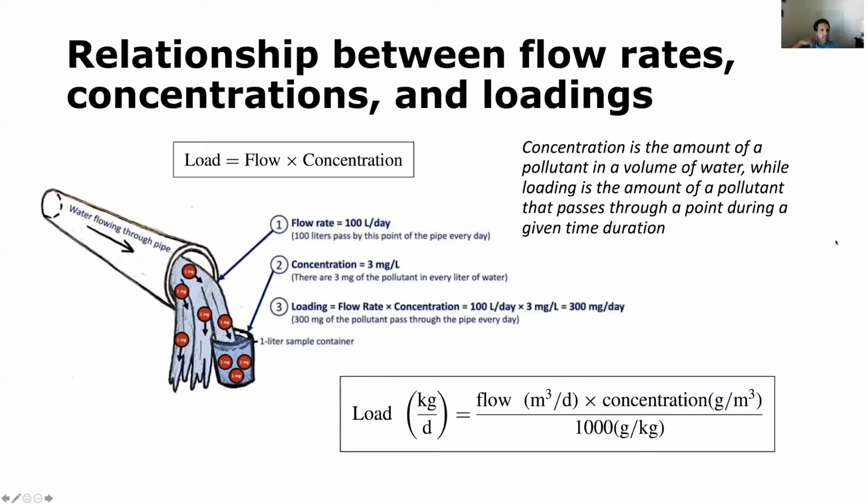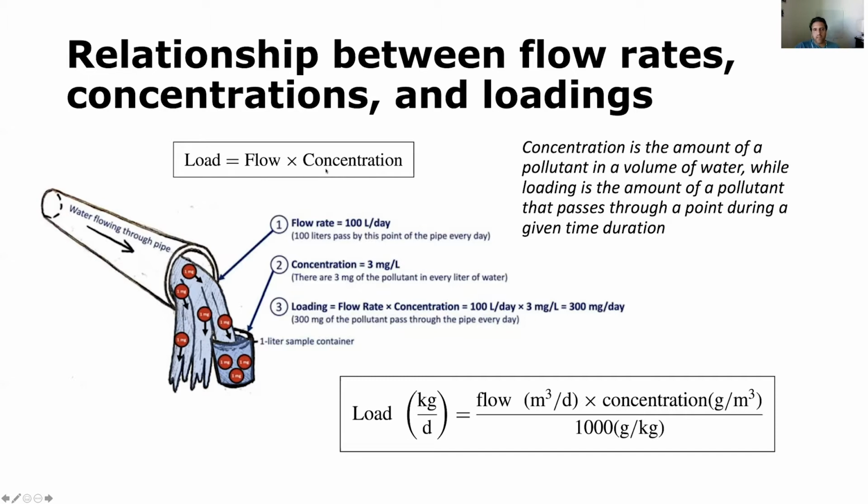All right, now I want to talk a little bit about the relationship between flow rates, concentrations, and loadings. And this is an extremely important concept that we're going to continuously use throughout the rest of this course in the design calculations and example problems. So flow rate, we already know, is the volume of wastewater that comes into a system, right?